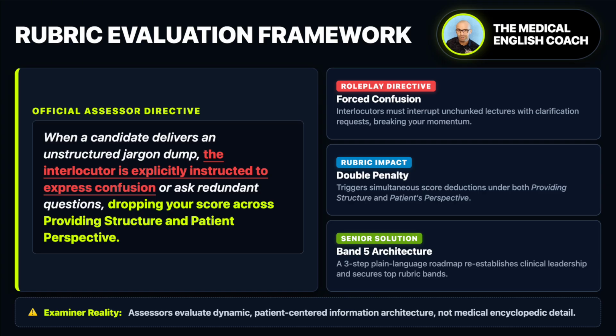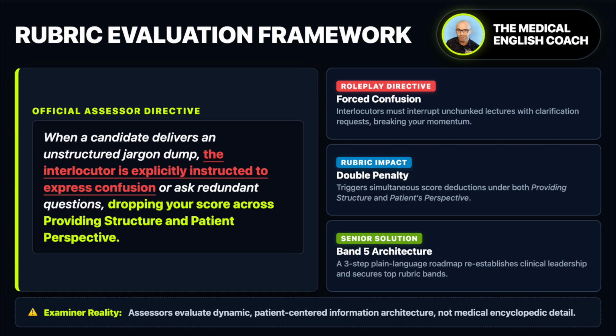To eliminate this liability, you must understand how OET assessors actively evaluate your performance on test day under our rubric evaluation framework. Look at the official assessor directive on your screen. When a candidate delivers an unstructured jargon dump, the interlocutor is explicitly instructed to express confusion or ask redundant questions, dropping your score across providing structure and patient perspective.